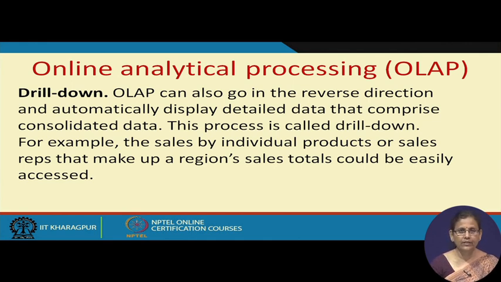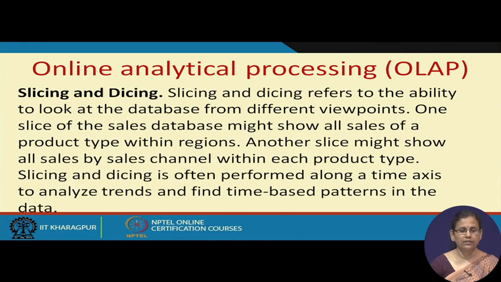The next category is slicing and dicing. In case of a multidimensional view of the data, if you remove one of the dimensions, it is called slicing. If you remove multiple dimensions, then it is called dicing. Imagine a data cube, where you are getting the data in 3 dimensions: let us say time is one direction, sales is another direction and area is in another direction.